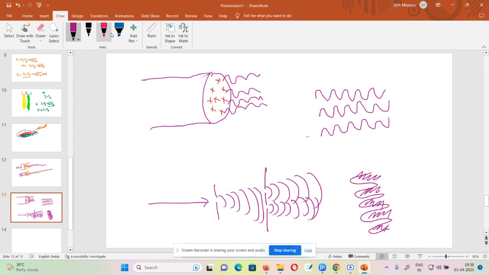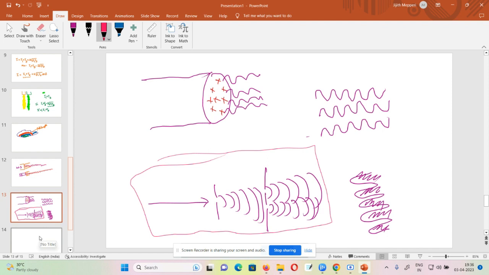And what is this arrangement called, which is going to check our spatial coherence? It has a two-slit arrangement. This is nothing but Young's double slit experiment. Hopefully it's good.